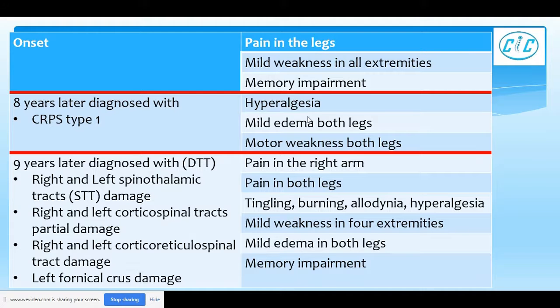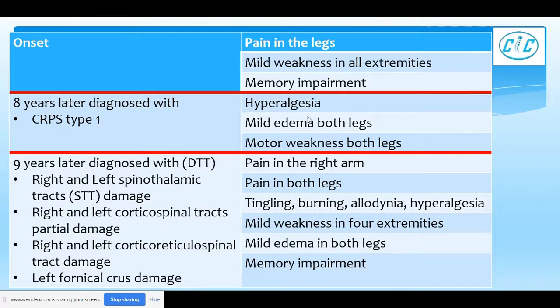Then there are experiences of tingling and burning, which are also part of the pain fibers, the spinothalamic tract, and association with that tract would also be an indication of damage, as well as allodynia and hyperalgesia, which we previously discussed.